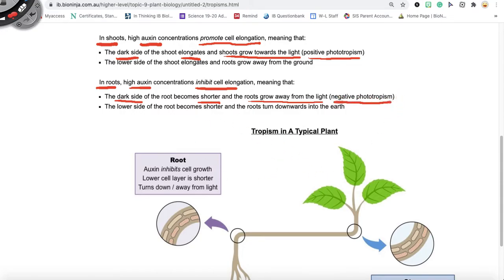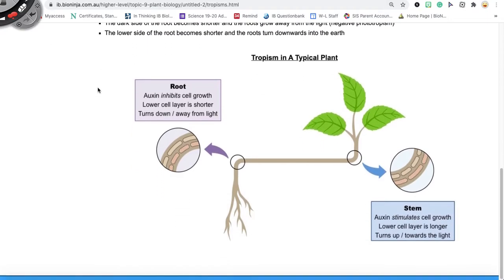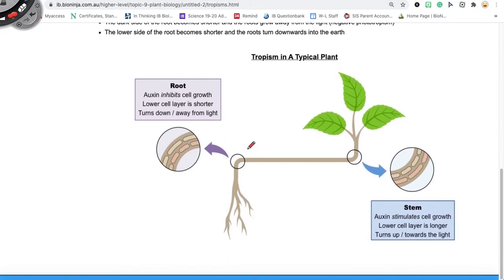So let's see how this happens here in this picture. Here we see the root portion of the plant, and if there's an accumulation of auxin in that root, which will happen, it's going to inhibit the cell growth. And what's going to happen is that the auxin is going to accumulate in the lower cell layer.